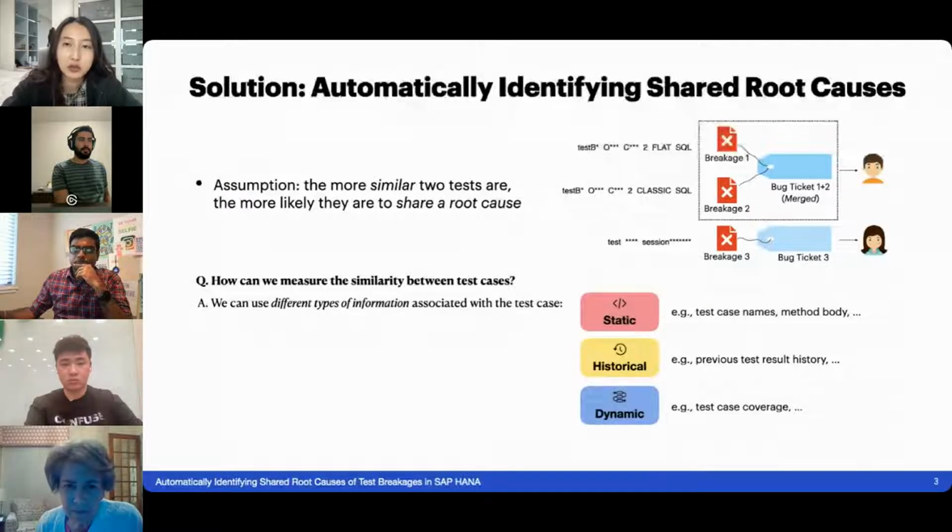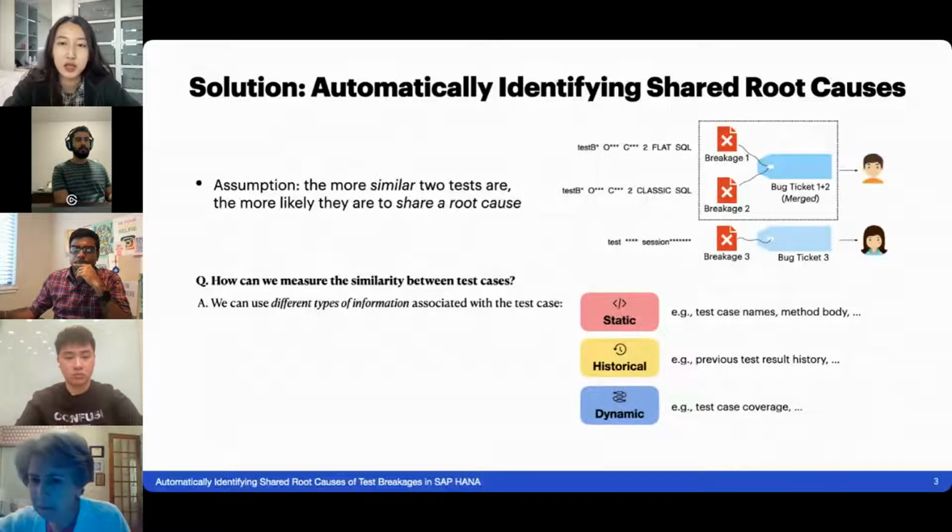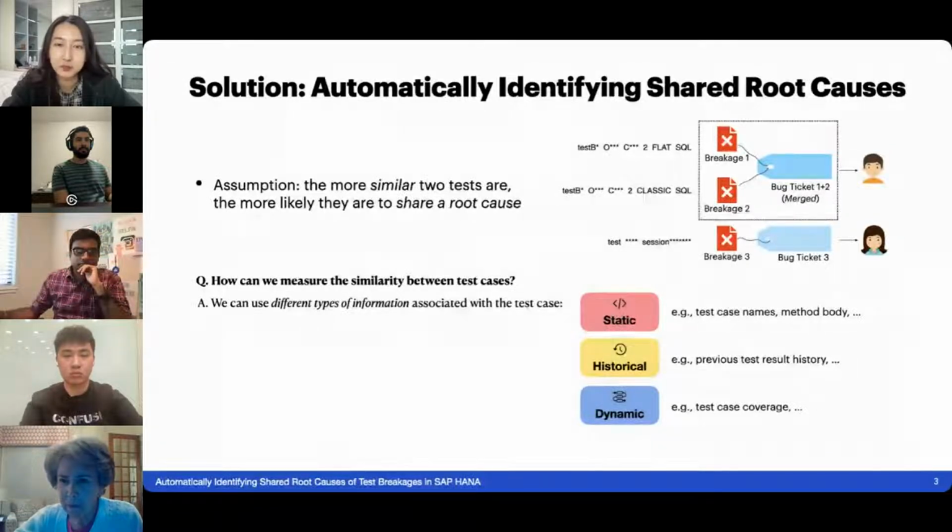So we propose a technique to identify shared root causes and merge the duplicated bug tickets. So how can we know if 2 breakages share a root cause or not? The main assumption behind our approach is the more similar two tests are, the more likely they are to share a root cause. And the next question would be, how can we measure the similarity between the test cases?